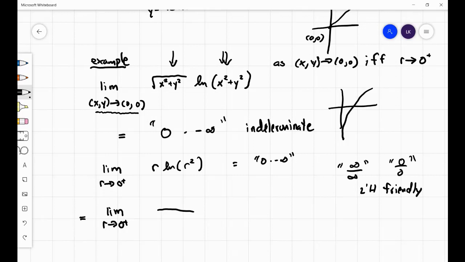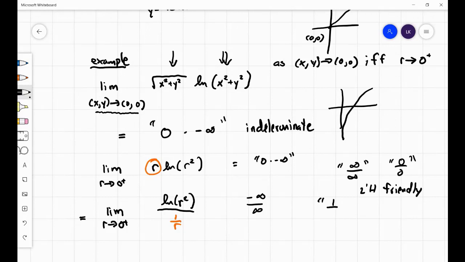So the trick is to rewrite this factor r as the reciprocal of its reciprocal. Right? 1 over 1 over r is just r. So if we try to evaluate the limit, we get negative infinity in the numerator, and now positive infinity in the denominator, right?